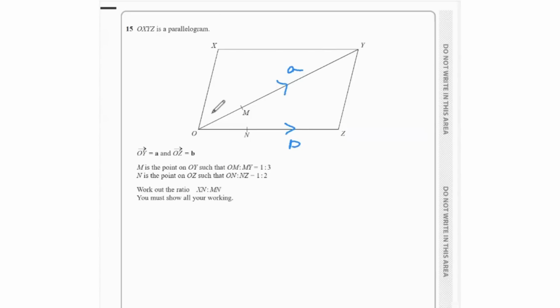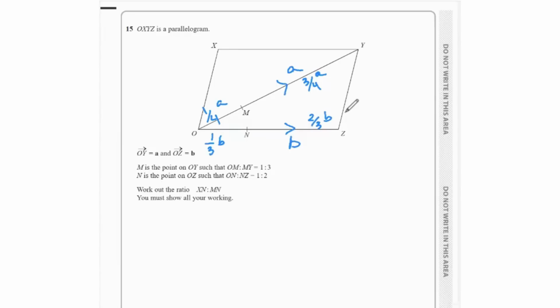So which means OM would be 1/4 of A and MY would be 3/4 of A. N is the point on OZ such that ON is to NZ 1 is to 2. So if this entire is B, that means ON would be 1/3 of B and NZ would be 2/3 of B.